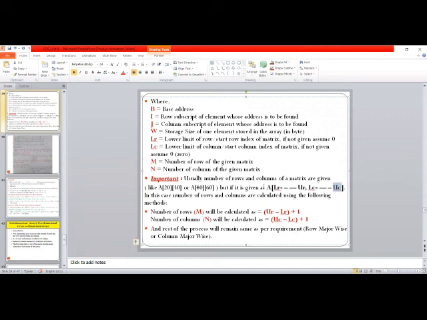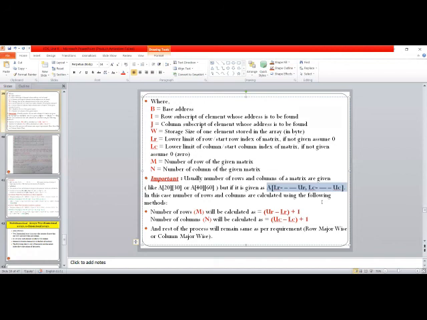if it is given in this format, in that case, you do not know how many rows are there and how many columns are there in your matrix. So you will explicitly need to calculate the values for M and N, that is how many rows are there and how many columns are there.